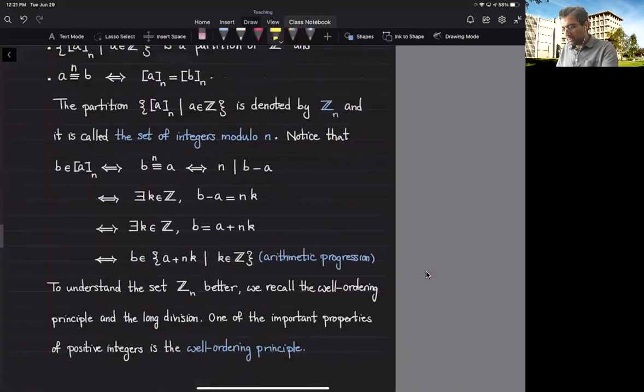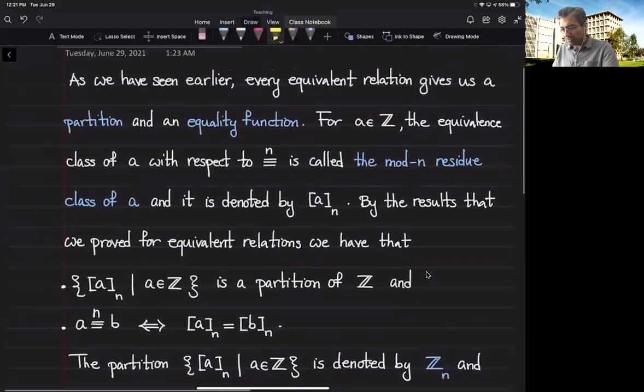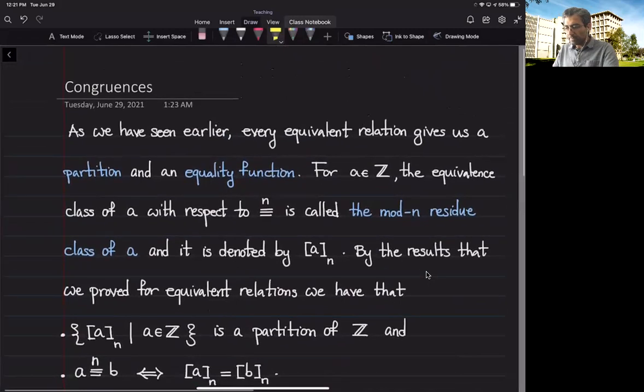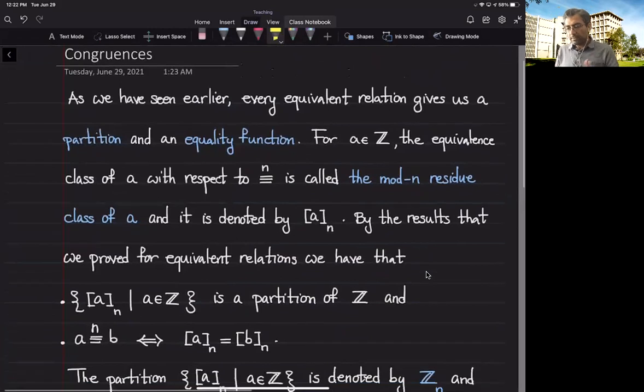Let's recall the partition that we get out of an equivalence relation. Every equivalence relation gives us a partition and an equality property, as I call it. Now, what is the partition? The partition comes from the equivalence classes.